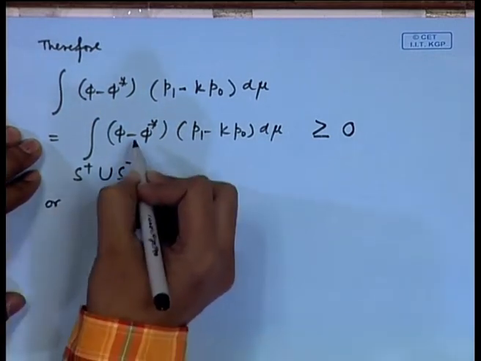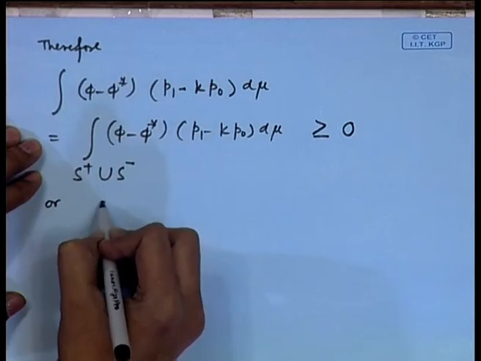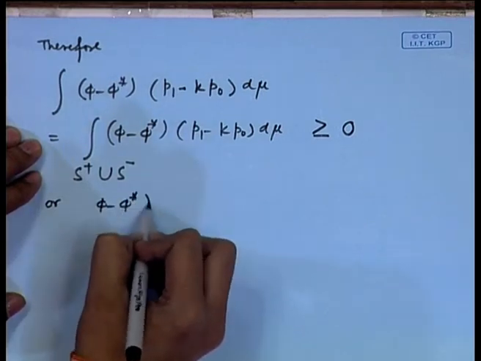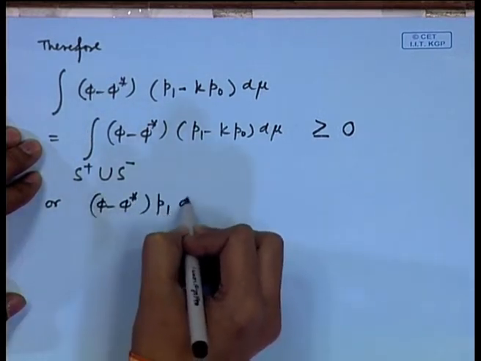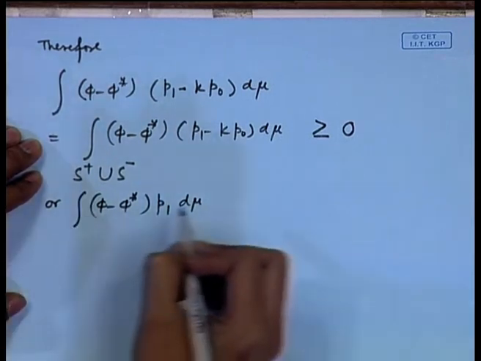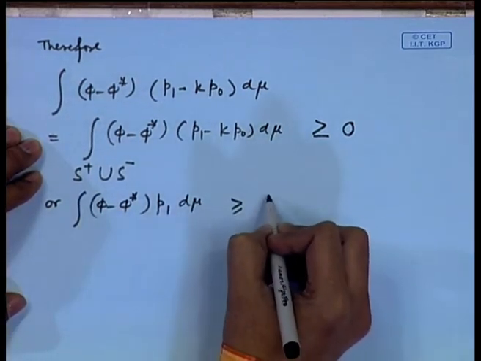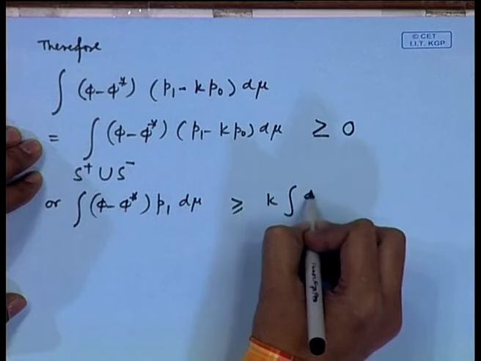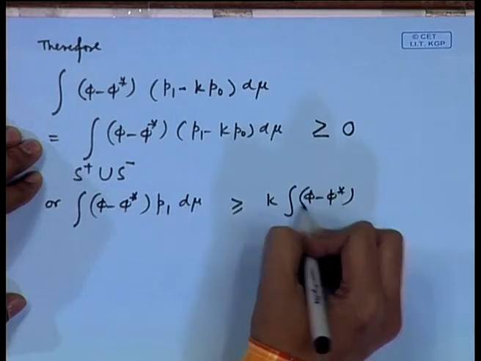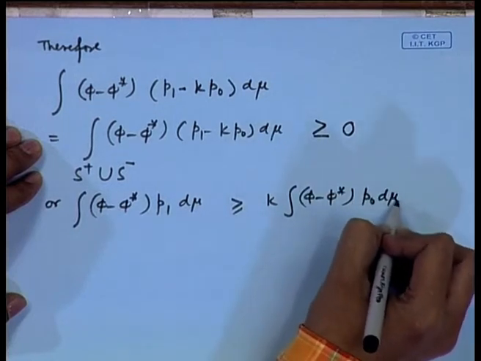So, this we can simplify, we can write it as the integral of phi minus phi star into p 1 d mu is greater than or equal to k times the integral of phi minus phi star p naught d mu.